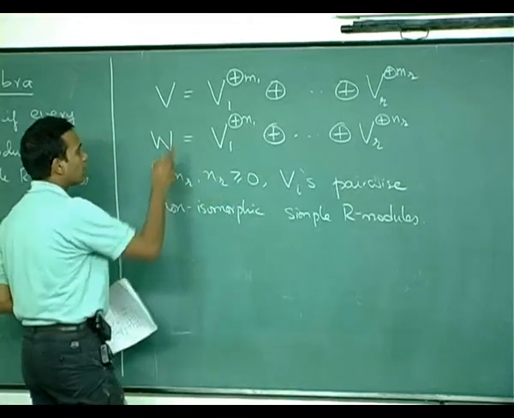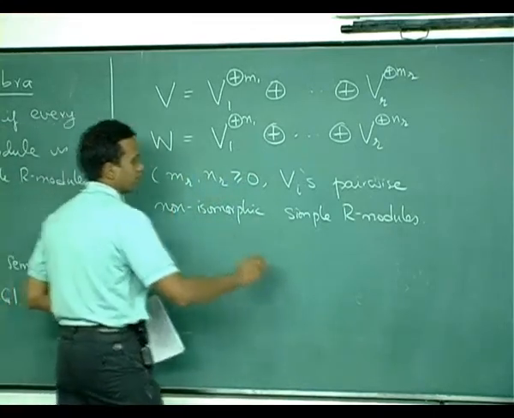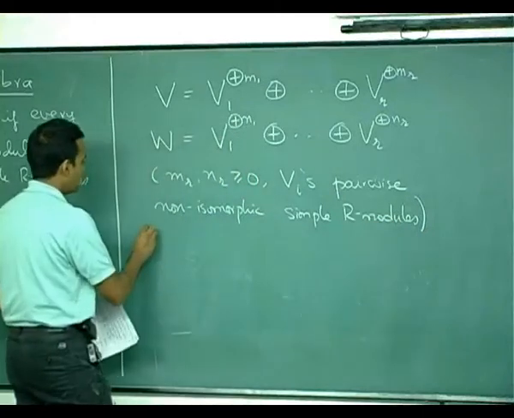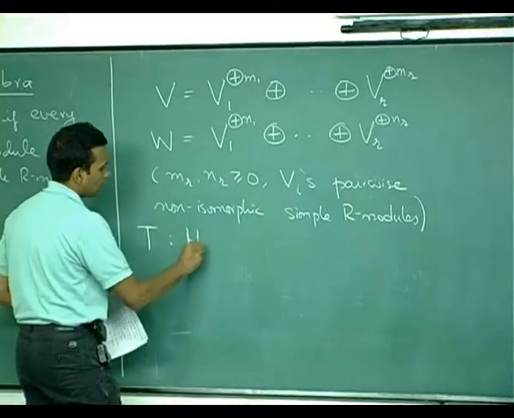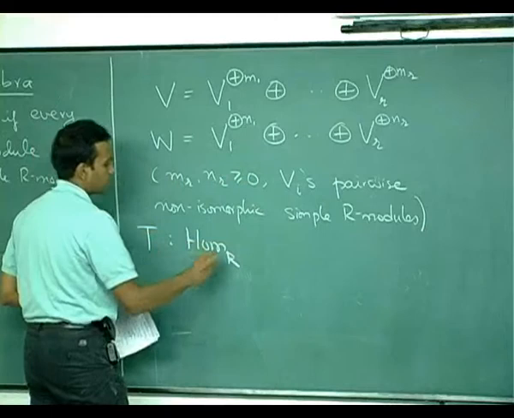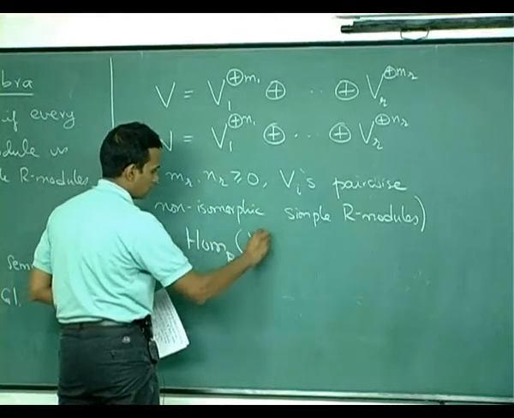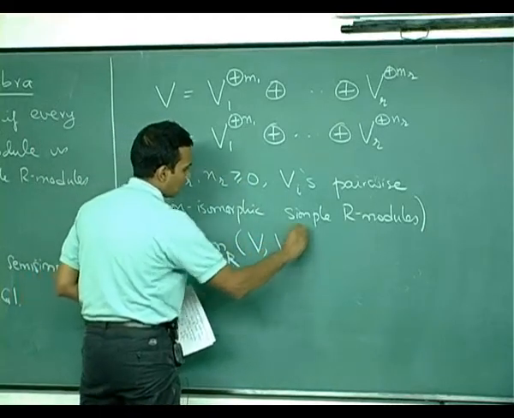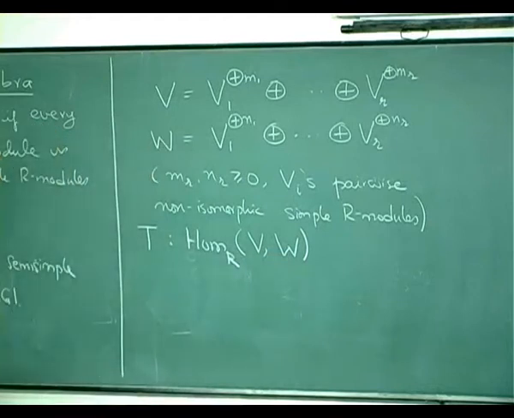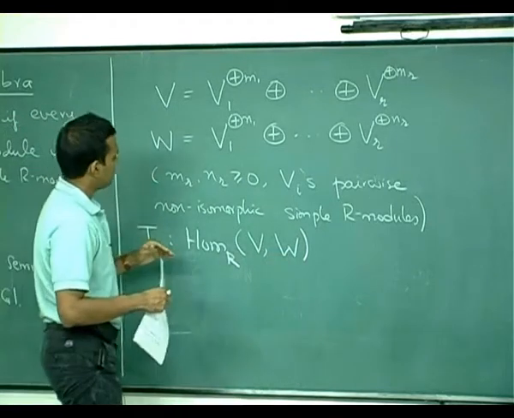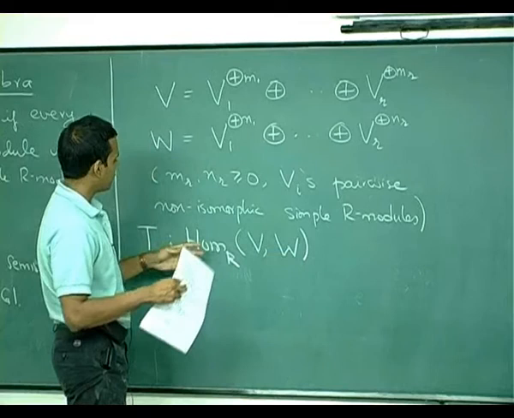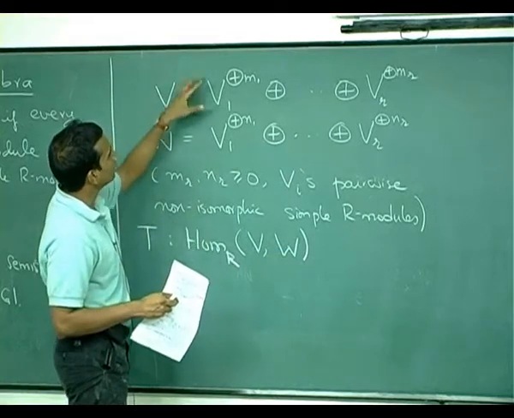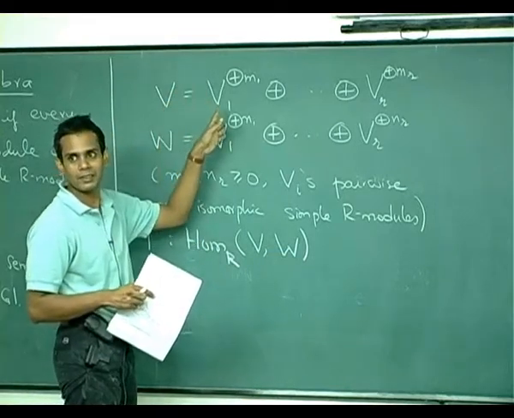Okay, suppose I have a homomorphism T, an R homomorphism. Then I can break it up into its pieces, going from each summand here to each summand here.